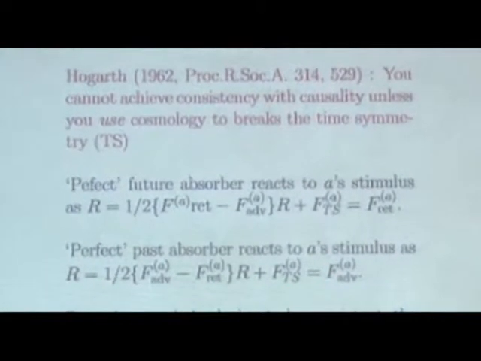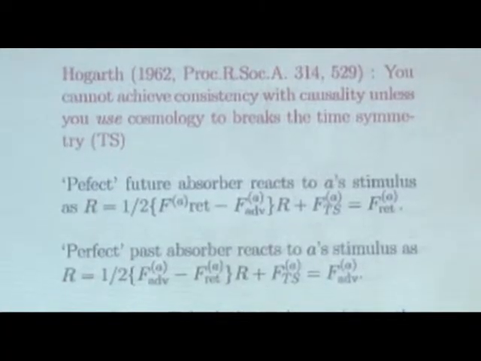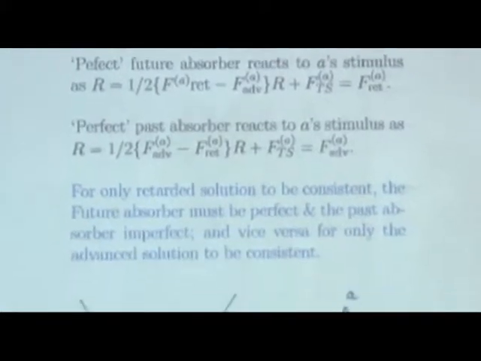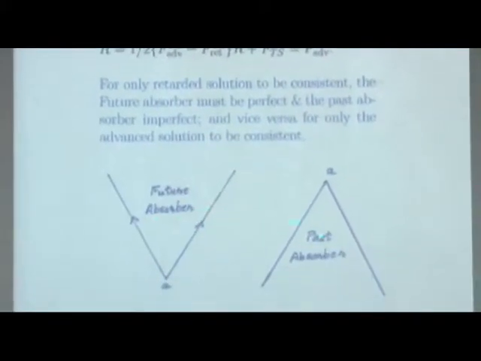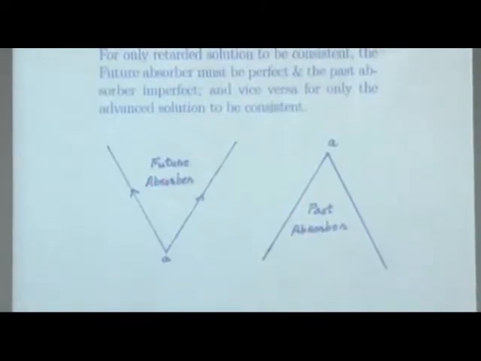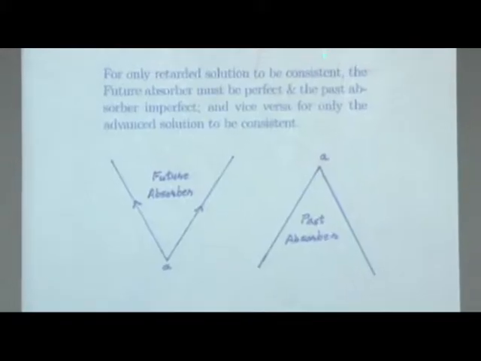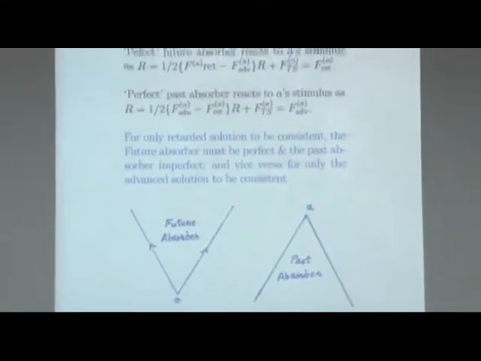This is the thing I was discussing in the static universe, because in the static universe, whether you go in the future cone or past light cone, you get absorption which is perfect. So, you get both the retarded and advanced solutions as consistent.